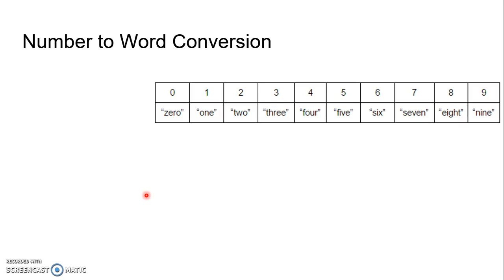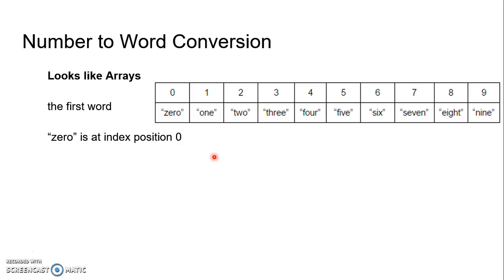If you remember the arrays concept from any of the other programming languages like C or Java, then you can very clearly see that it looks like an array, where we have these values ZERO, ONE, TWO, THREE, FOUR and so on as individual elements of the array, and we can consider the inputs to be the index positions of these values. So the first word is ZERO, which is at index position 0.